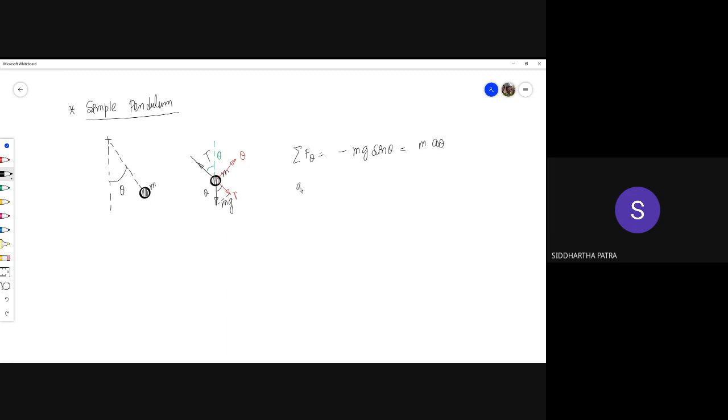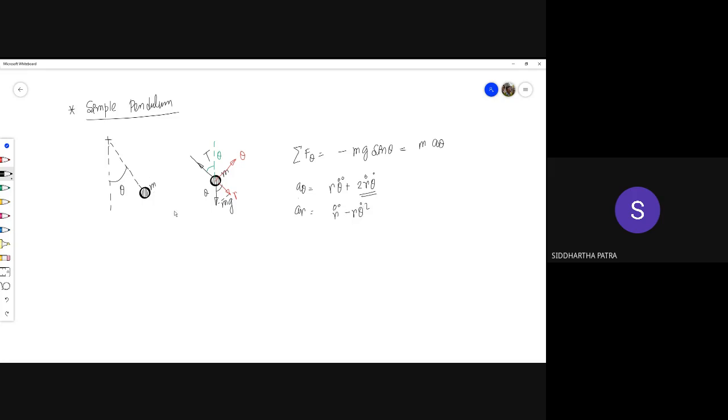Now in the polar coordinate system, the acceleration in the theta direction is r theta double dot plus twice r dot theta dot. This one is a Coriolis component, if you recall your lessons from engineering mechanics. In the radial direction, the acceleration is r double dot minus r theta dot squared.